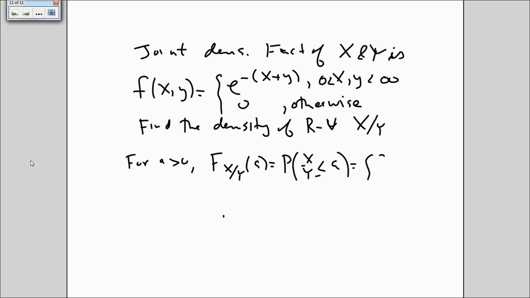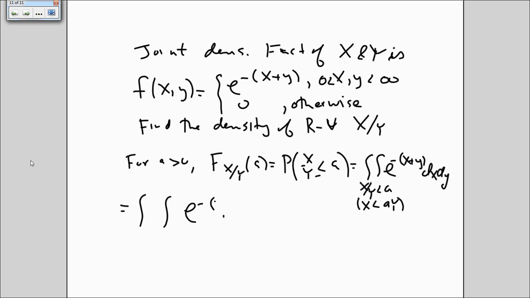And this is the double integral of e to the negative (x plus y) dx dy over x over y less than a. But that means that x is less than a times y. E to the negative (x plus y) dx dy.